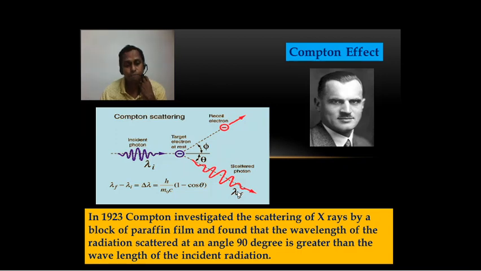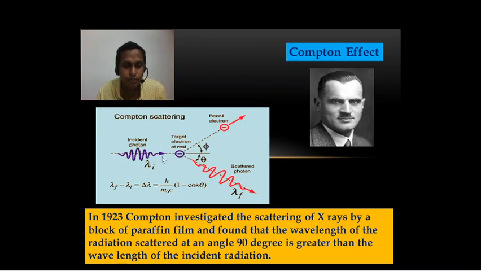Arthur Compton derived a formula for the difference between lambda f and lambda I. Lambda f minus lambda I, the final photon wavelength minus the incident photon wavelength, is equal to delta lambda, called the Compton shift, which is equal to h by m0 c into 1 minus cos theta, which we will derive. Lambda f minus lambda I equals delta lambda, equal to h by m0 c into 1 minus cos theta.